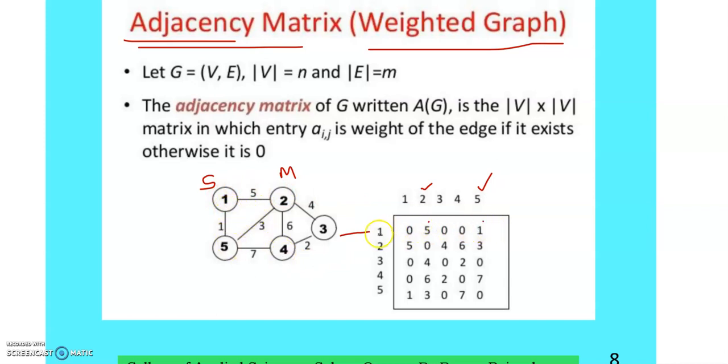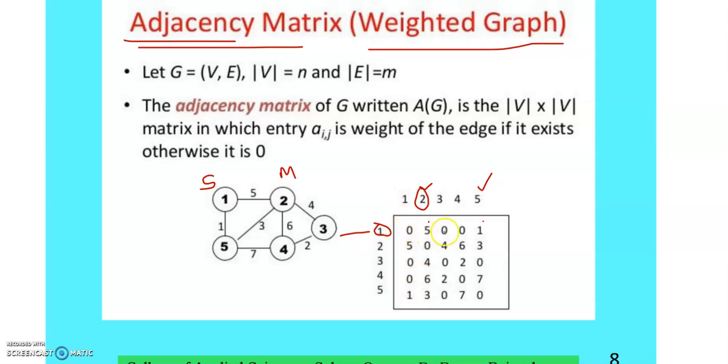If you write vertex 1 and vertex 2 is 5 here, then you would write 2 1 also 5, because this is a symmetric matrix. Similarly, 1 5 you wrote 1, so you write 5 1 is also 1.